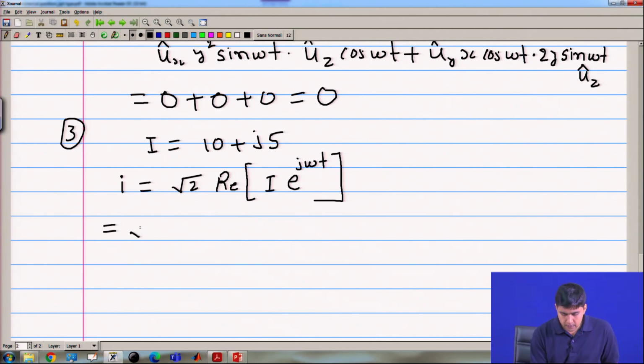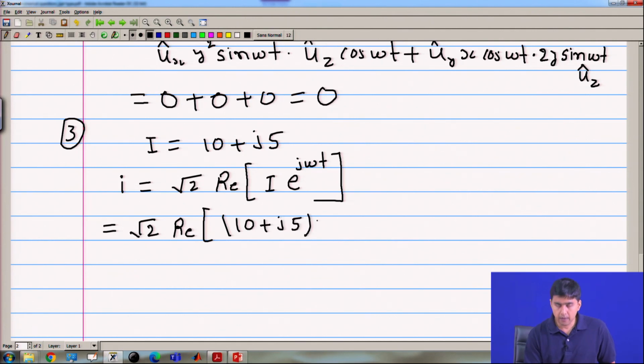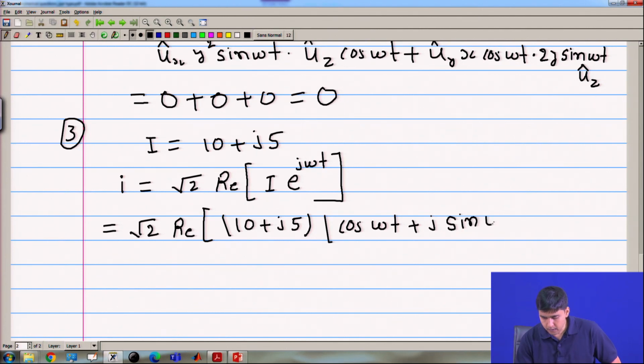So, we can write this as root 2 real part of 10 plus j5 into cos omega t plus j sin omega t. So, we have to multiply this. So, 10 cos omega t plus j, so this will be imaginary.